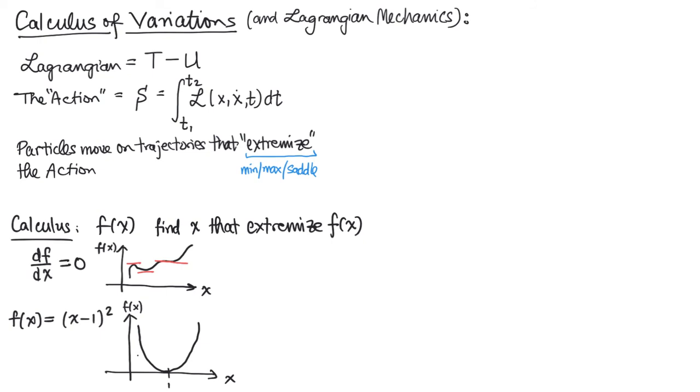We know just visually and from experience that the value of x that extremizes this function is x equals 1, but let's just make sure we see all of the steps. The derivative of this function would be 2 times (x minus 1). We set that to 0, and we say x equals 1 is the value of x that extremizes the function f of x. So that's the process in calculus.